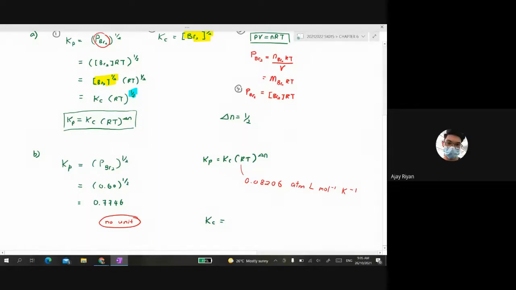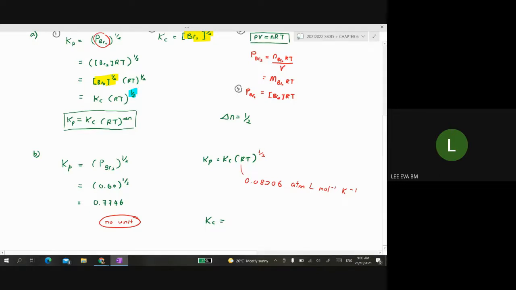Madam, dalam equation Kp tu why triangle N tu tak letak je 1/2? Oh, in your question 1/2, ya. Oh, tak ada. Tak apa, tak kisah pun. Dia punya cara jawab dia sama.